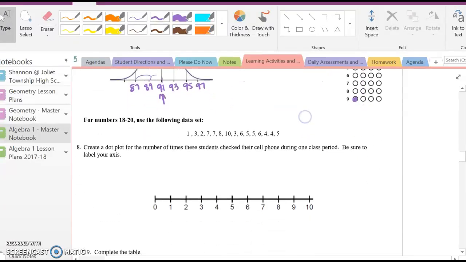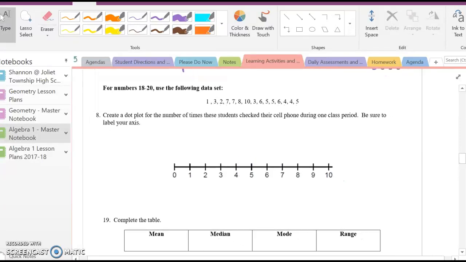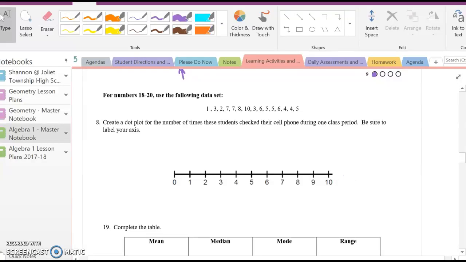Okay, for number 18. Oh, that got cut off. For 18, 19, and 20, I'm using the numbers that are provided. So I'm going to create a dot plot. Remember, for the dot plot, here I already have the numbers labeled. Let's see, that check their cell phone. So this we could call cell phone checks.